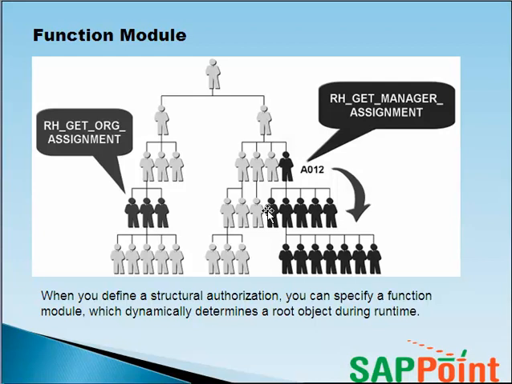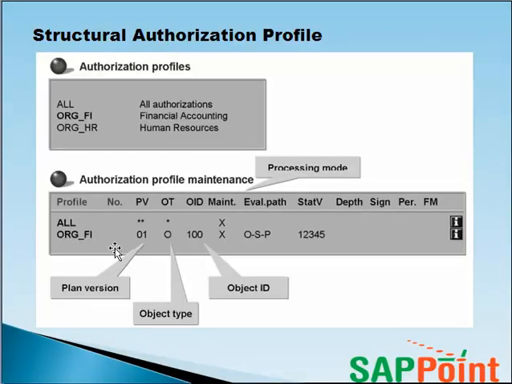If a manager changes department, for example, the corresponding profile does not need to be changed. If a manager changes position, you don't need to change the profile. The system, with the help of the function module, will pick up his starting node.